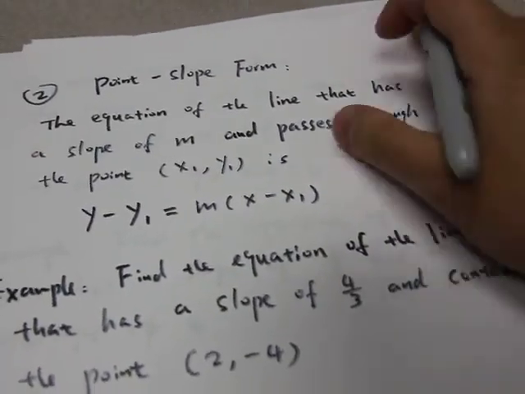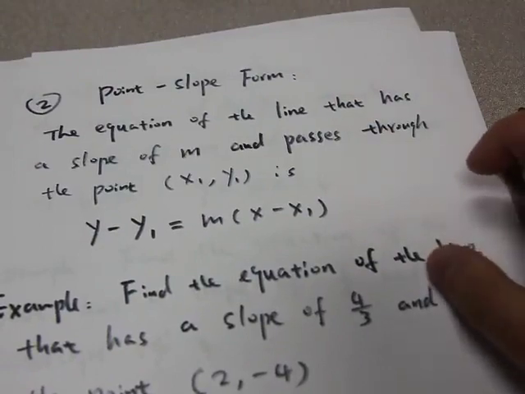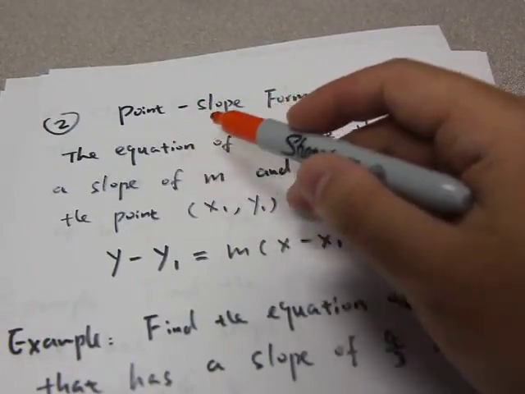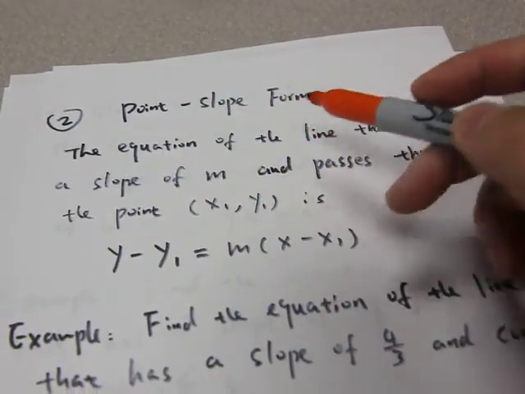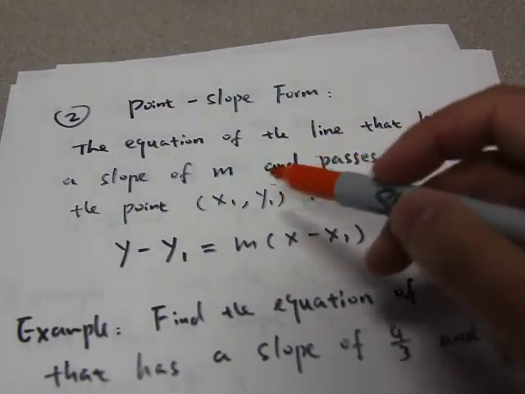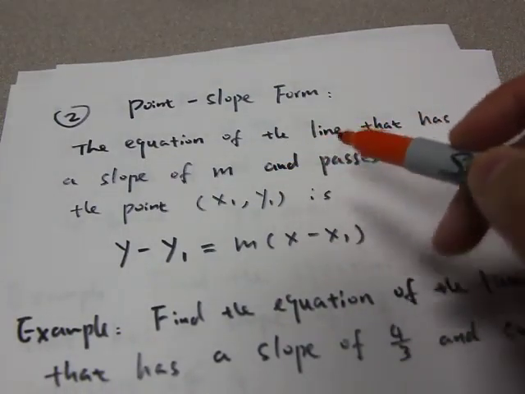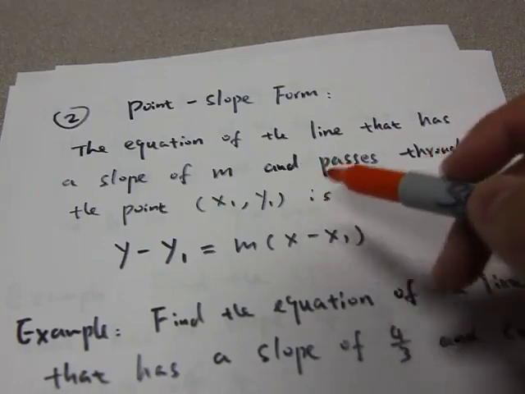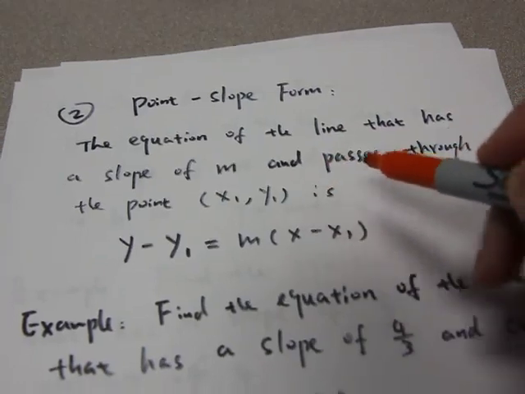Another equation we can use when we define a straight line is the equation called point-slope form. And when do we use this equation? When we are given the slope of this straight line, and also we are given one of the points where the straight line passes.